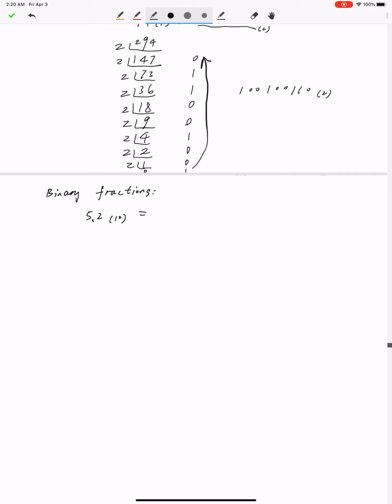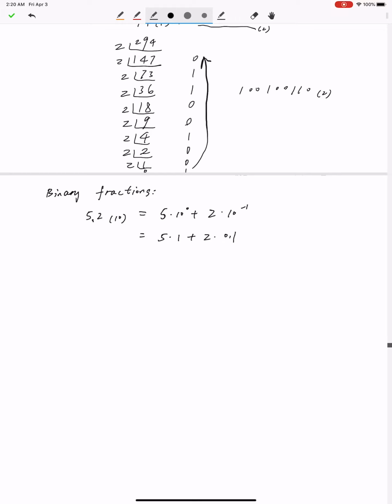This 5 actually represents 5 times 10 to the power 0, right? And the 2 behind the decimal point represents 2 times 10 to the power minus 1, right? So here we can write this decimal number as 5 times 1 plus 2 times 0.1.